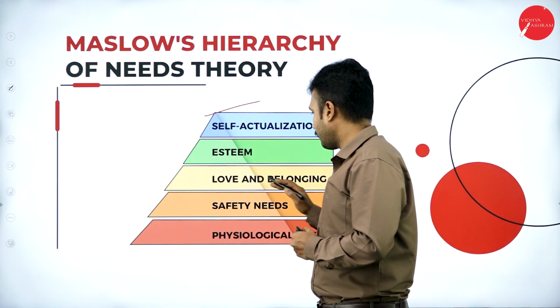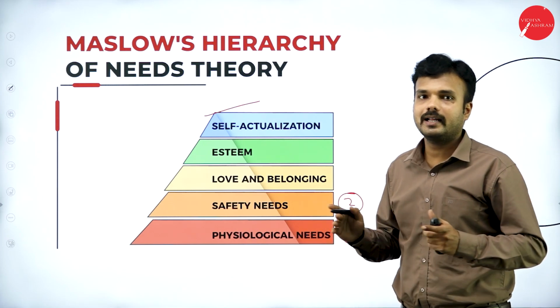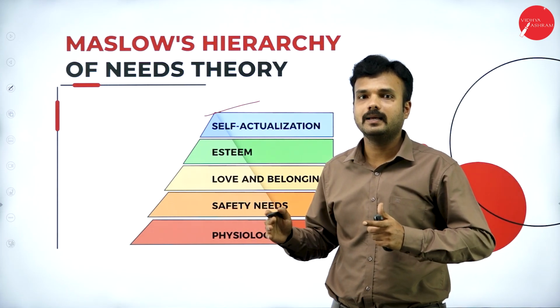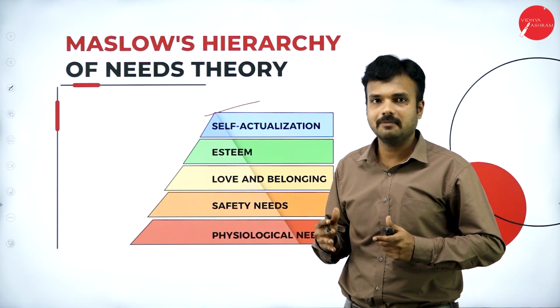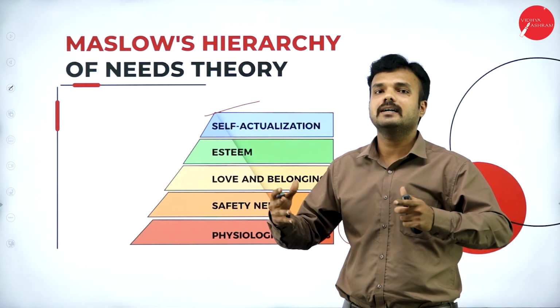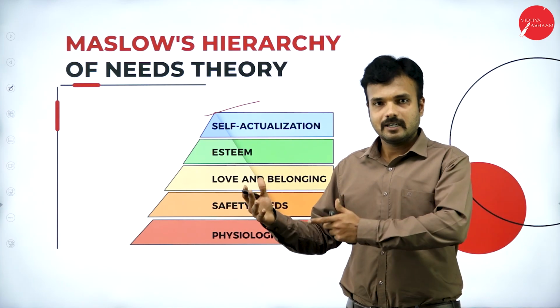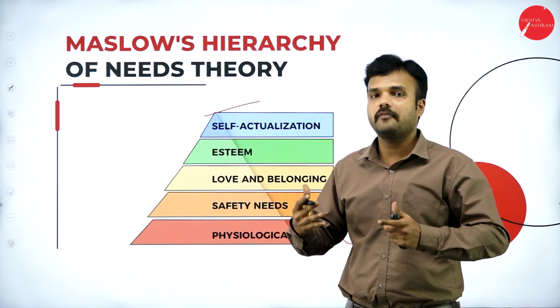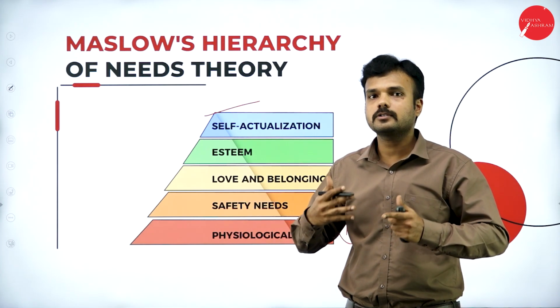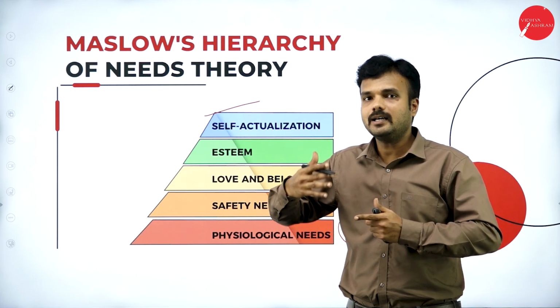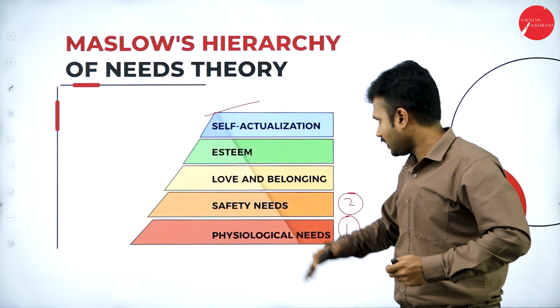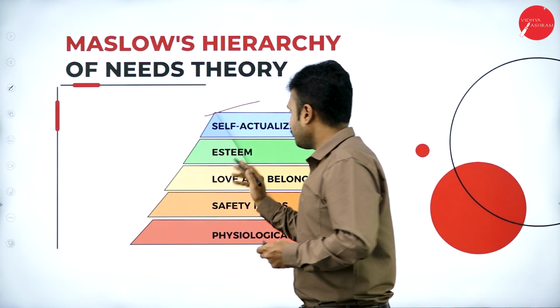And the next one, love and belongingness. In the organization, he wants everyone to maintain a good relationship with him. He wants a good bonding with the workforce, and also with his family members and friends. He wants good affection because he wants to spend his time in a very good way. Next one, esteem need.